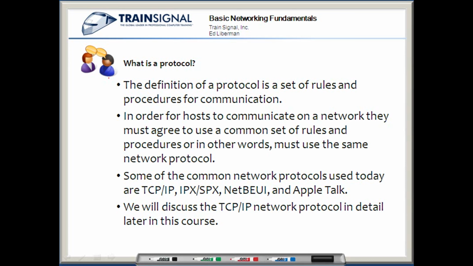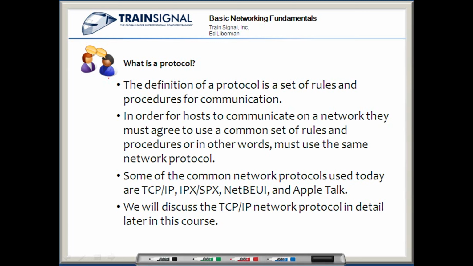Okay, so that's what a protocol is in networking. Now, some of the common network protocols used today are something called TCP/IP, and that is probably the number one. As a matter of fact, not even probably, I'll say definitely the most common network protocol used today, because without TCP/IP, we don't have the internet. Ever heard of that, the internet?